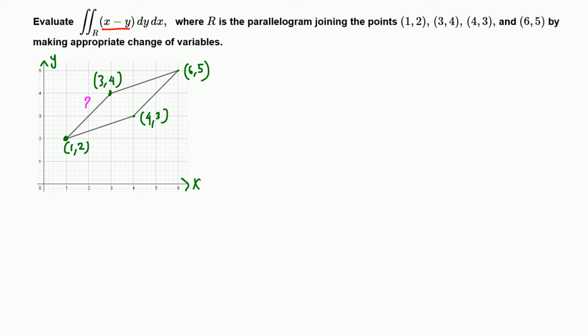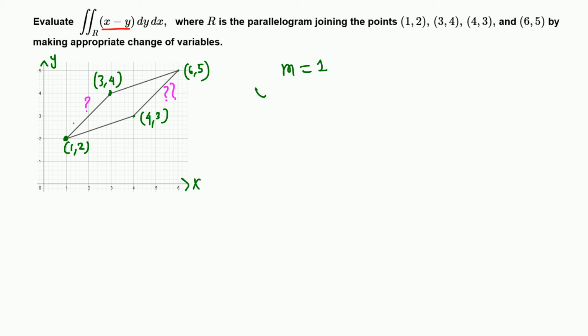I want to find here. For this one, slope is just rise, 4 minus 2, over run, 3 minus 1. So slope is 1. So is the slope of this line, because these two lines are parallel.